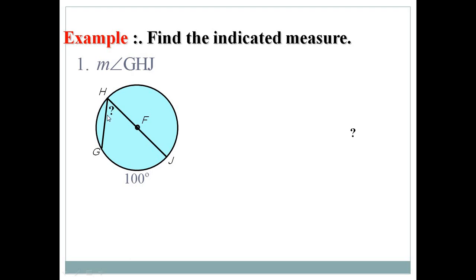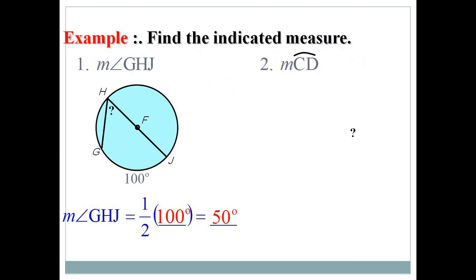Its measure, as we said, equals half the measure of the intercepted arc. The intercepted arc here, GJ, equals 100. So its measure is half of 100. Half of 100 equals 50.